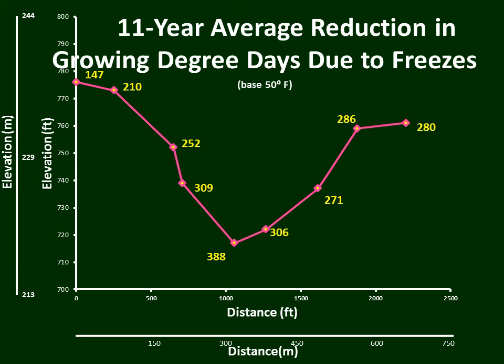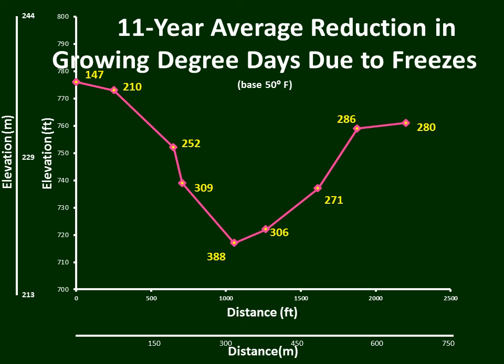Well, because we had the 2 types of growing degree day data, that is data from April 1 to October 31, and also the data from the last freeze in the spring to the first freeze in the fall, we calculated how many growing degree days we lost due to the freezes in the spring and fall.